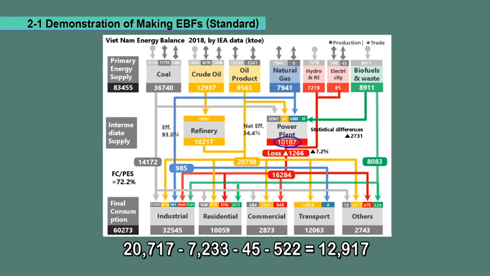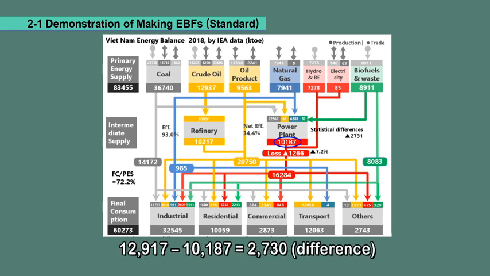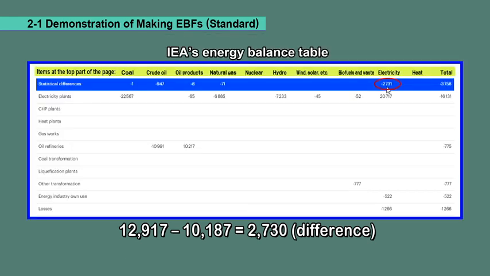Note that 12,917 differs by 2,730 from the 10,187 that was calculated earlier. But the IEA table shows a statistical difference of 2,731.